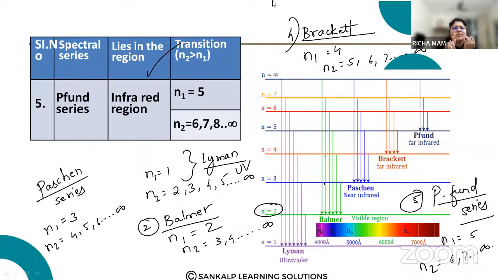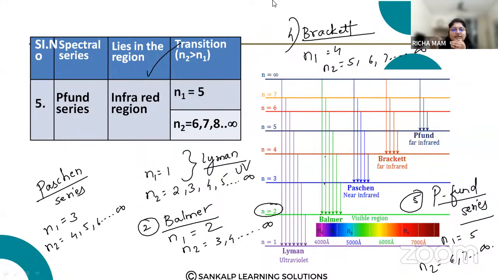Lyman starts from n1 equal to 1, then n2 will be 2, 3, 4 like that. Balmer starts from n1 equal to 2, so n2 will be 3, 4, 5 till infinity. Then Paschen series, n1 is equal to 3, so n2 will be 4, 5, 6.